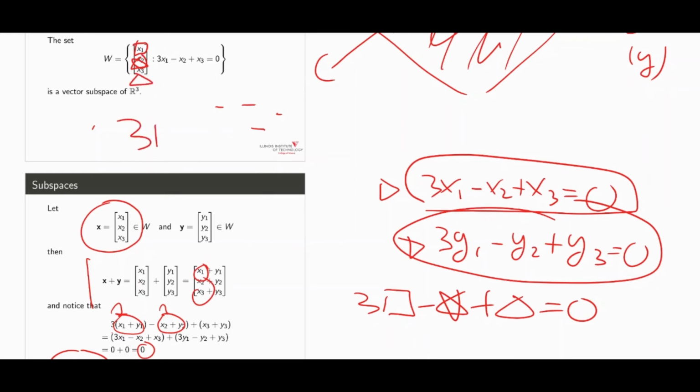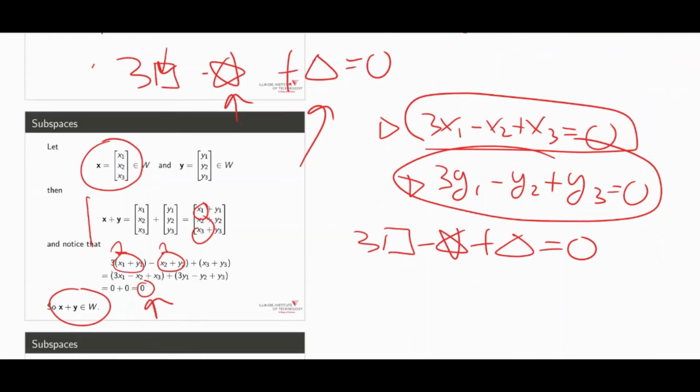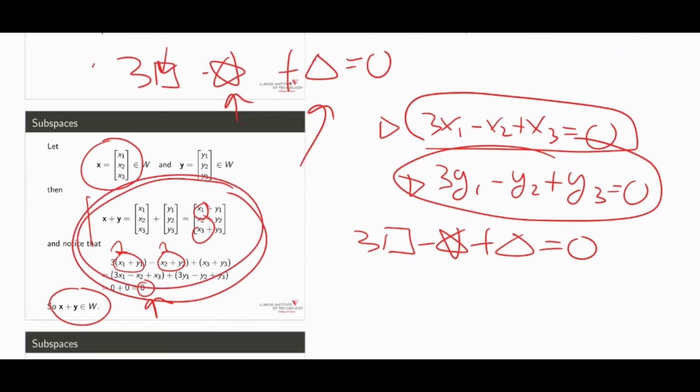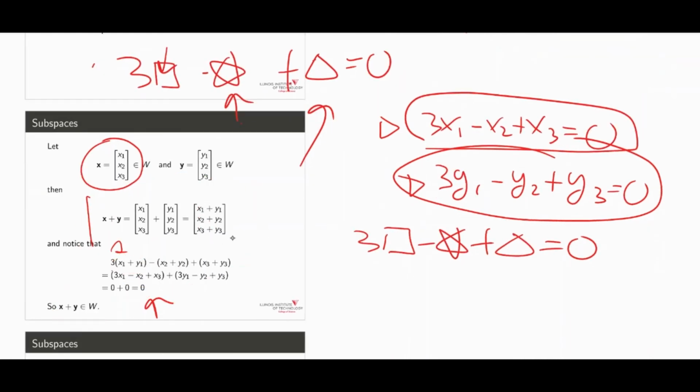You're looking for 3 times the box, minus the star, plus a triangle, and see whether or not it is 0. The box, the star, and the triangle can be anything, depending on what you are looking at. If it turns out to be 0, then this is good, this is an element that is in W. If it turns out to be non-zero, then it will not be in W.